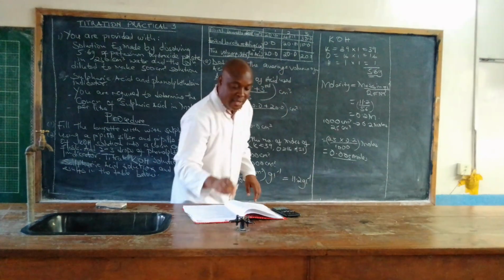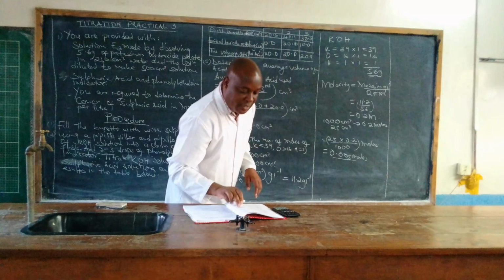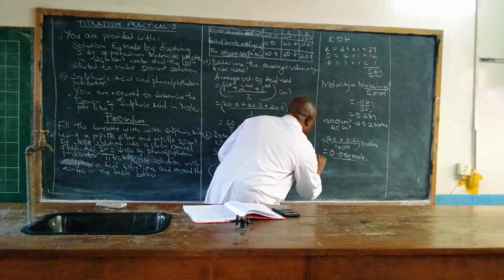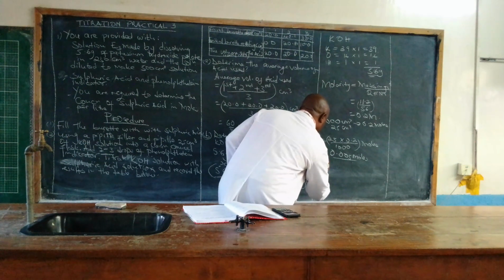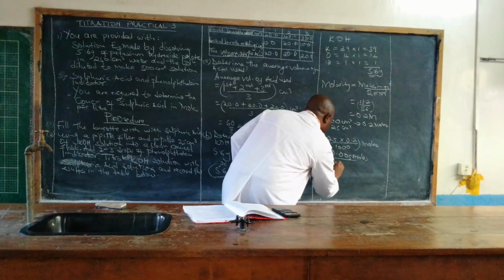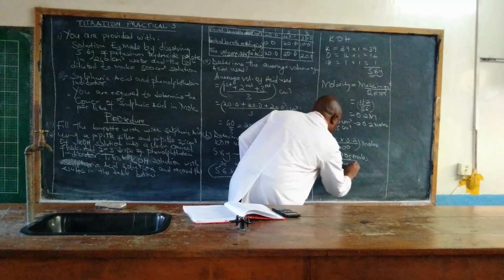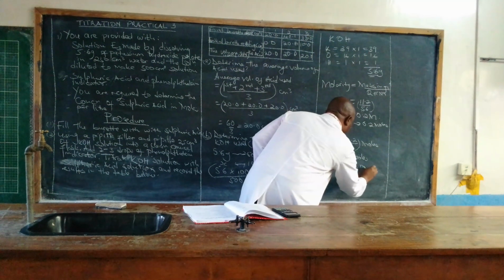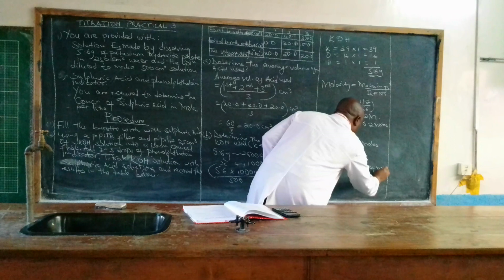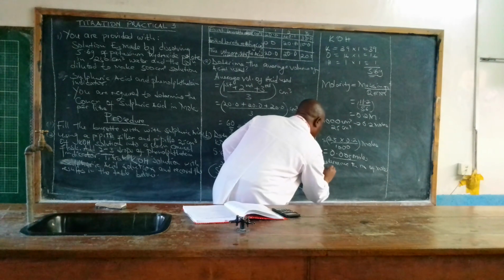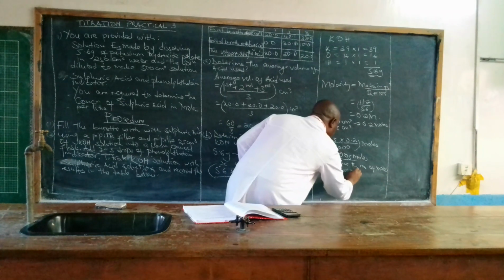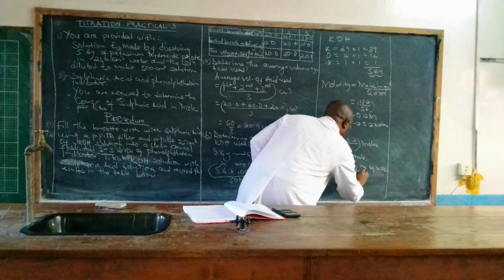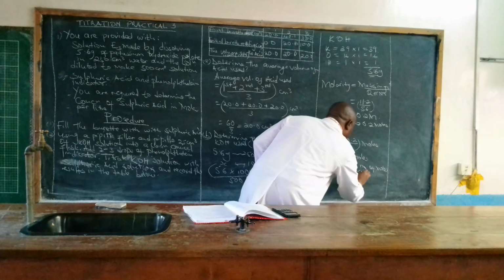So, number C: determine the number of moles of sulfuric acid that were used, right? Acid used.